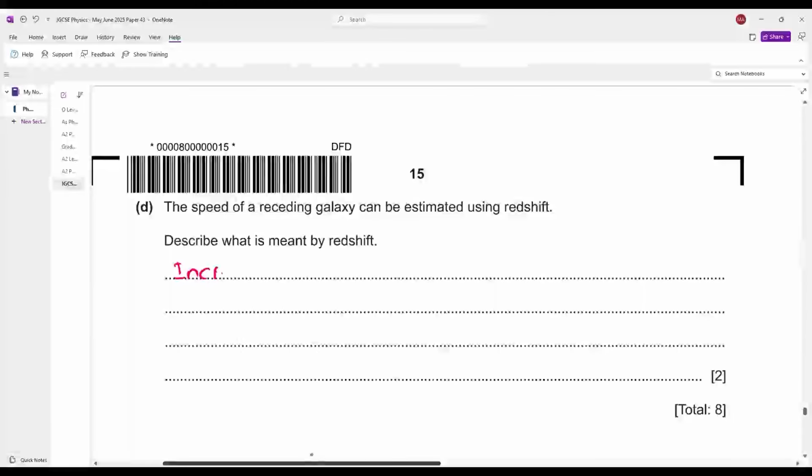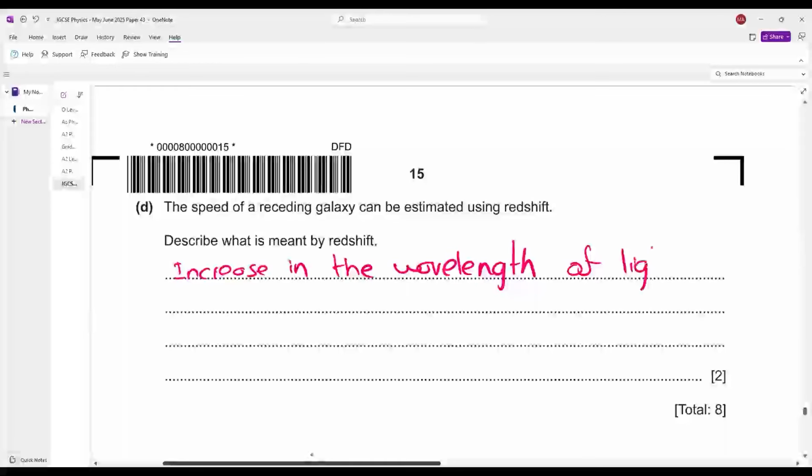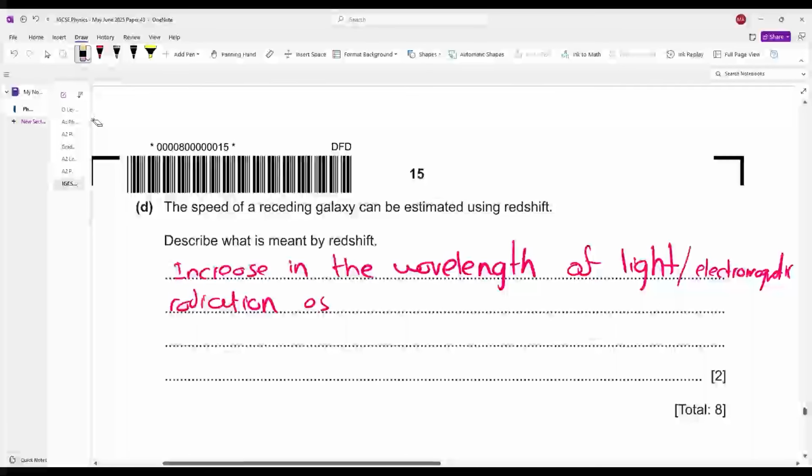Increase in the wavelength of light as galaxies move away from Earth. Increase in the wavelength of light or electromagnetic radiation as distant galaxies are moving away from Earth.